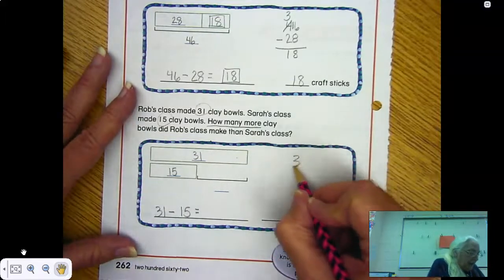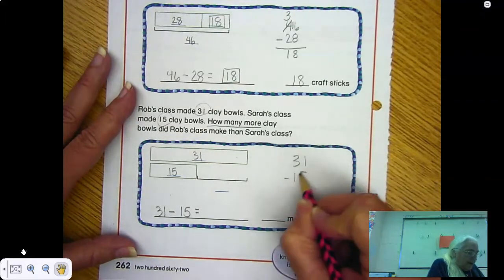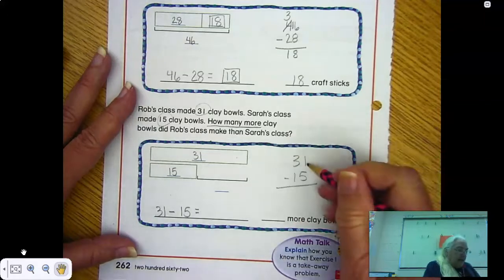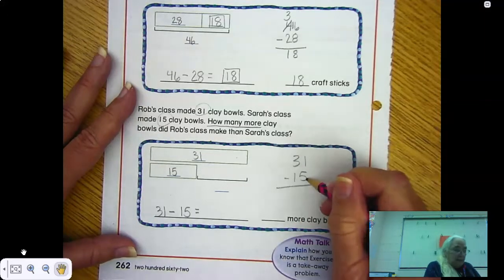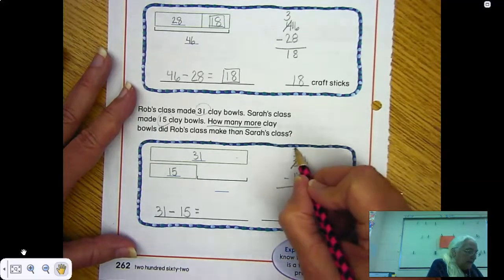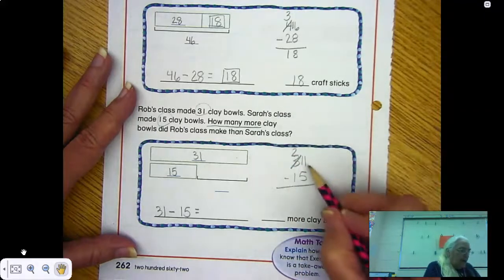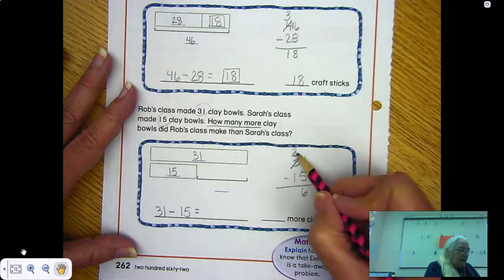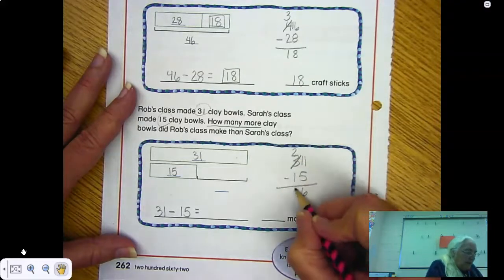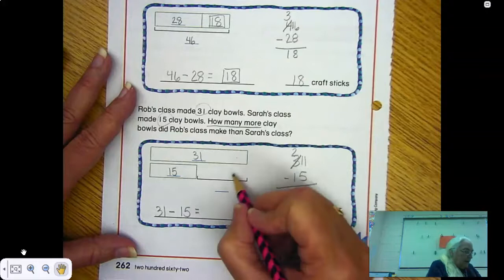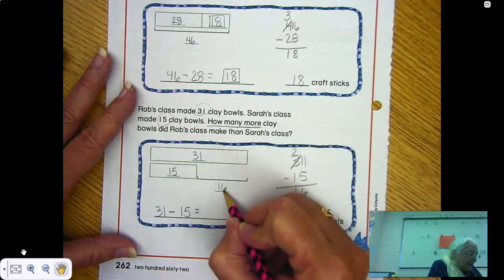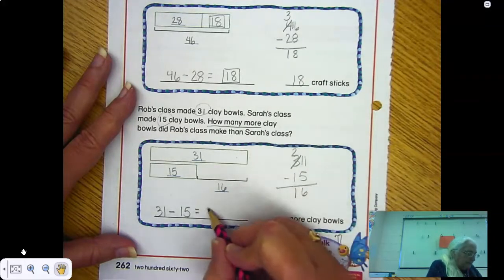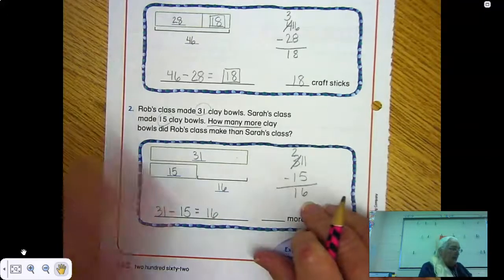So let's do that math. 31 take away 15. If I start with 1, can I take 5 away? No. So I'll regroup the tens. Bring that over here. 11 take away 5 is 6. 2 take away 1 is 1. So 16 is this unknown amount. 16 is the answer to the problem.